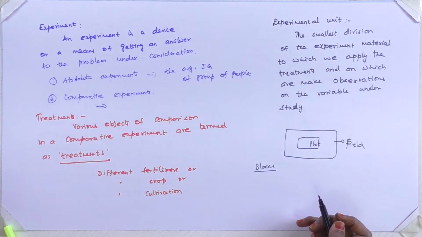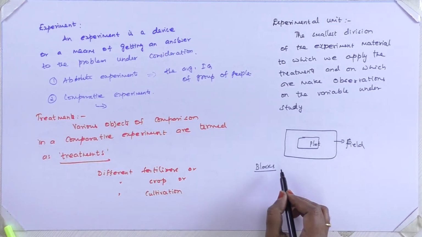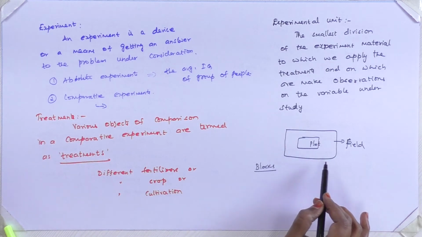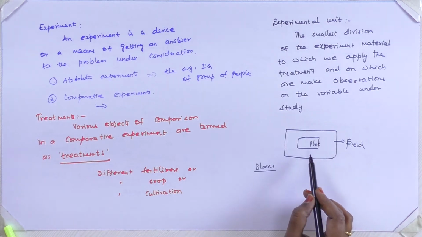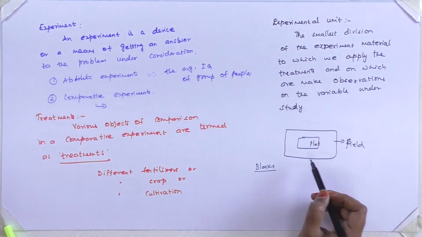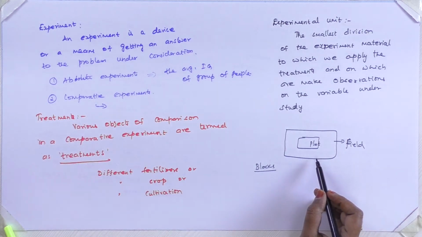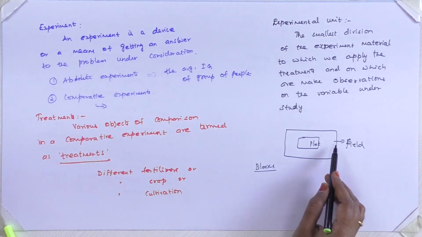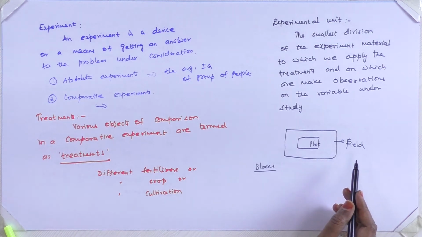In agricultural experiments, most of the time we divide the whole experimental unit, that is the whole field, into relatively homogeneous subgroups. These subgroups, which are uniform amongst themselves, more than the field as a whole, are known as blocks.